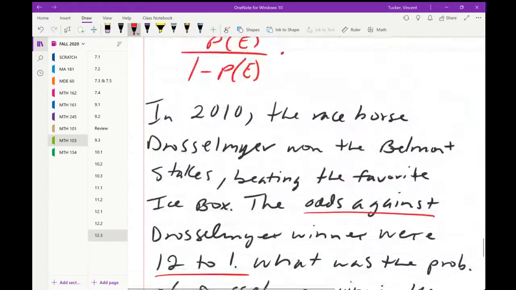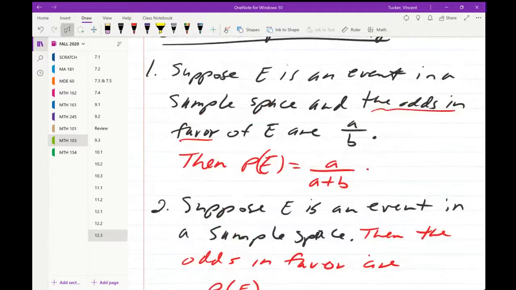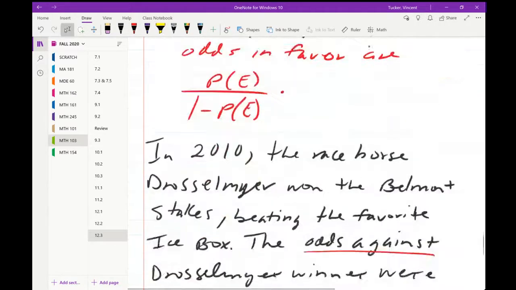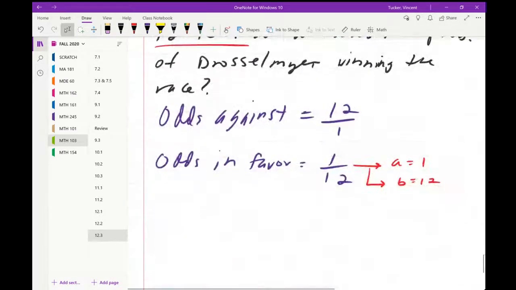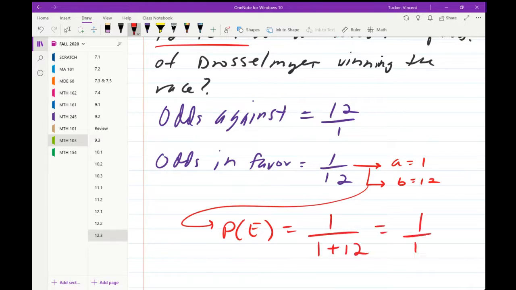So going back to our relationship, the way I'll find the probability is A over A plus B. So that'd be 1 over 1 plus 12. So it was a 1 out of 13 chance of Drosselmeyer winning.